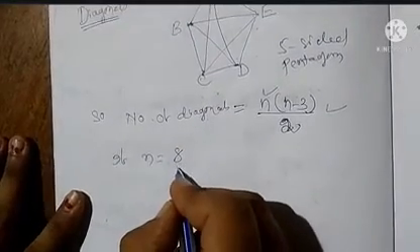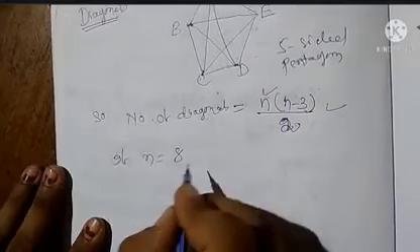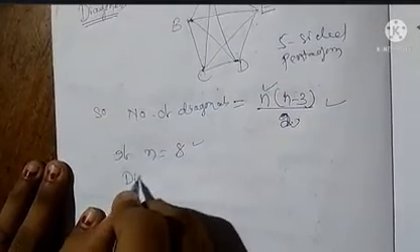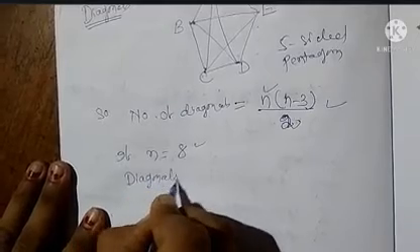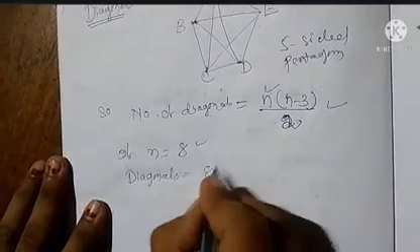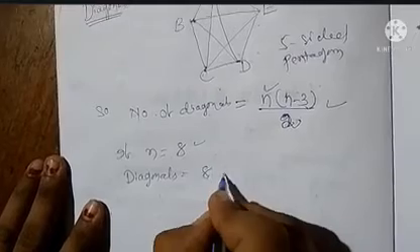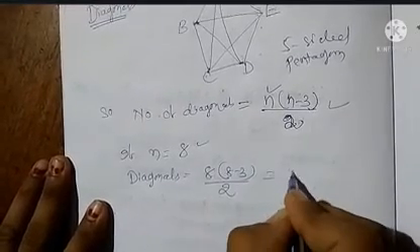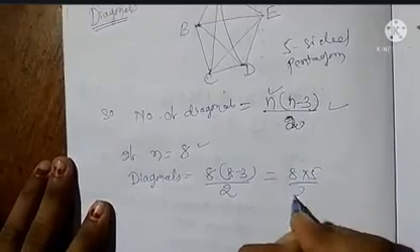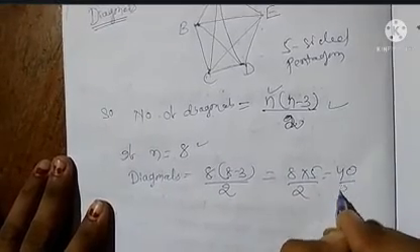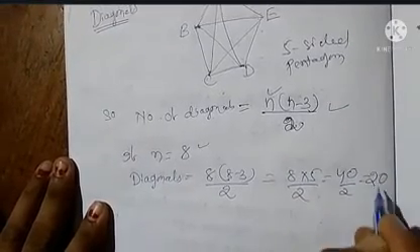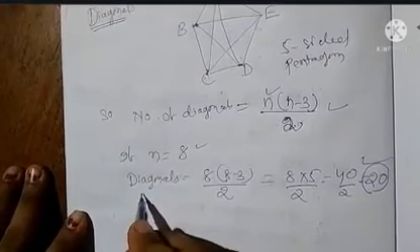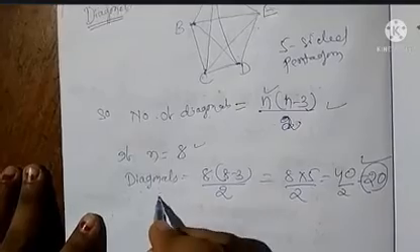Octagon. Okay, 8 sides. So how many diagonals are there in octagon? How do we find? So diagonals is equal to n means 8 into 8 minus 3 by 2 is equal to 8 into 5 by 2, 40 by 2 is equal to 20. So there are 20 diagonals in an octagon, which has 8 sides.